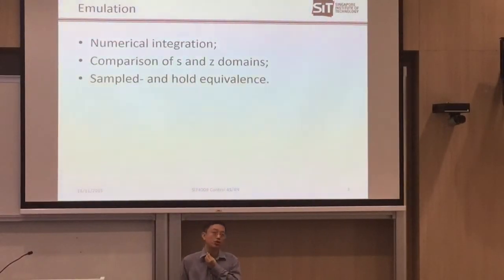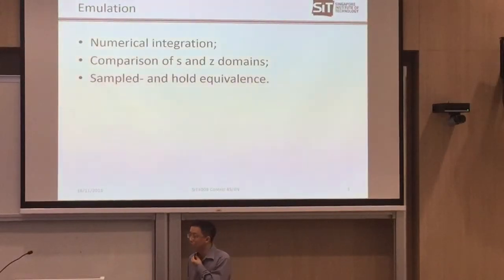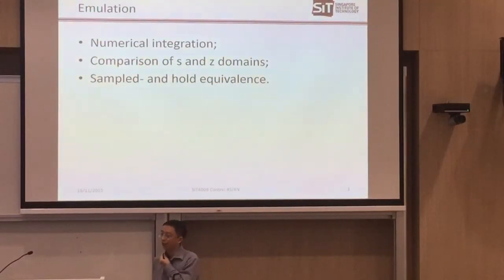But the actual physical plant, the actual motor, the actual voltage generator, the actual pressure valve, and so on and so forth, are all continuous plants, right? So you may need a certain conversion from your digital output to your analog output. That is something we call sample and hold.